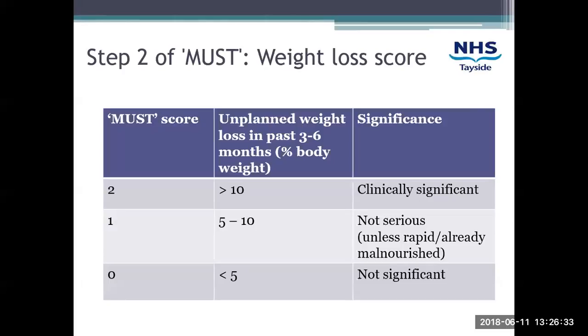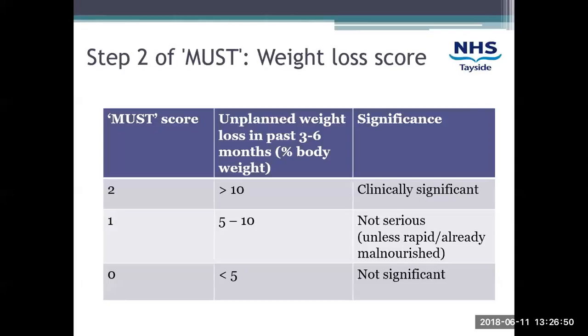So, MUST score of 2. If that resident has lost over 10% of their body weight within that time period, they would then score a MUST score of 2, which would be high risk, and that would be clinically significant.